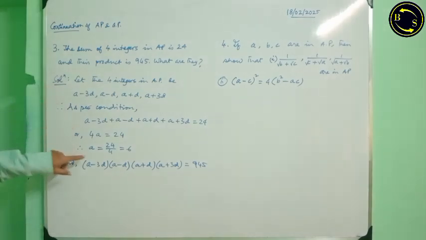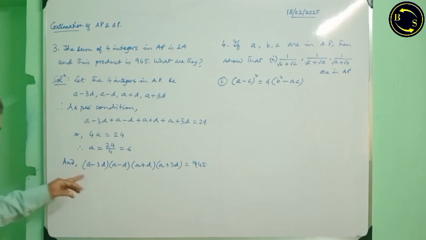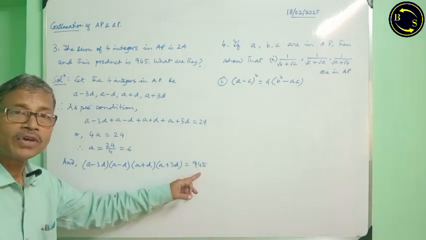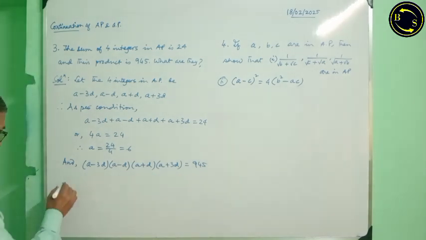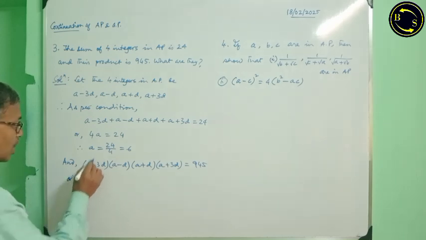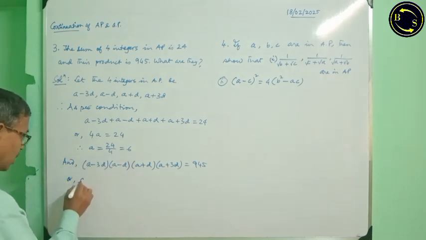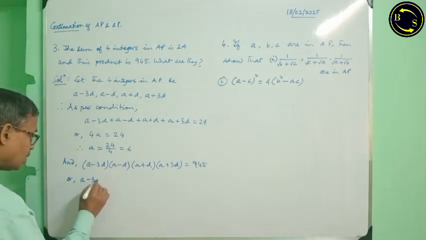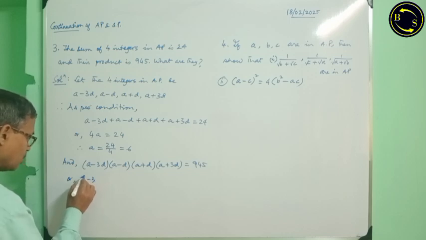Using the first condition, already we have got the value of A. Then according to the second condition, product is 945. Therefore, I put the value of A, 6 minus 3D.